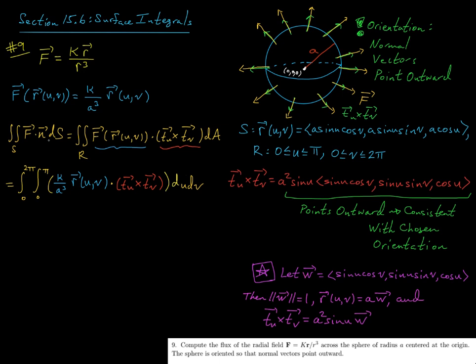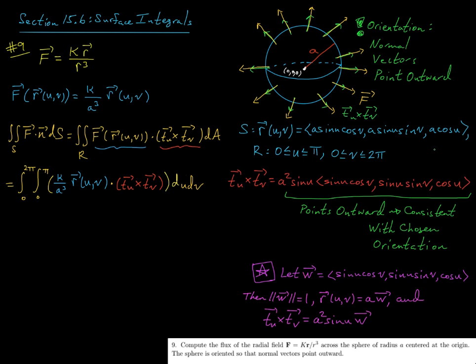All right, so here's what we need to compute for the surface integral. We need to compute the dot product of F evaluated along the sphere with the normal vector tu cross tv. I could just punch in this blue vector and this red vector, take their dot product, and get a fairly messy expression involving a lot of sine squareds and cosine squareds.